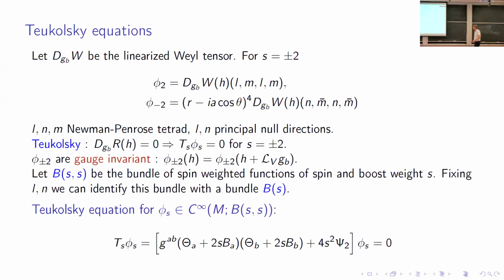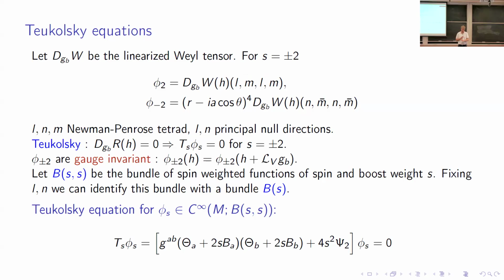Okay, and so let me very briefly recall what the Teukolsky equations are. So now W is the Weyl tensor, you linearize it, and you look at some particular directions. These are the Newman-Penrose tetrads. So I think about them like L and N, which are real vectors.